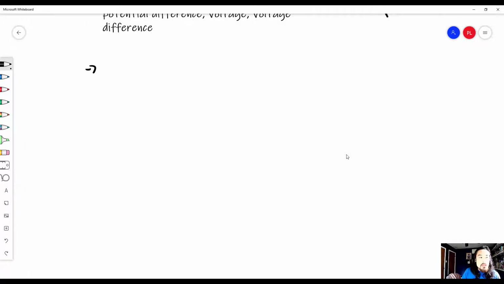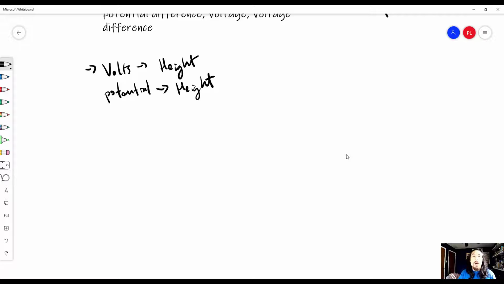We can think about volts as height, or potential as a height. This will really help us understand what it means when we're talking about electric potential. It's like the height, and of course, this is under the big umbrella of the gravitational field.